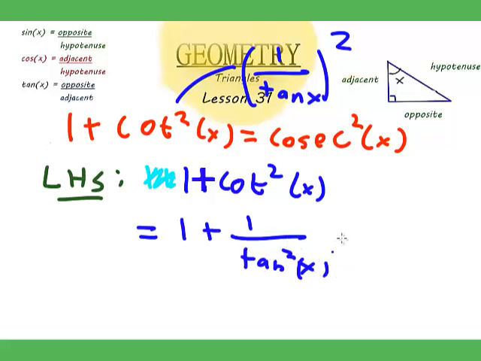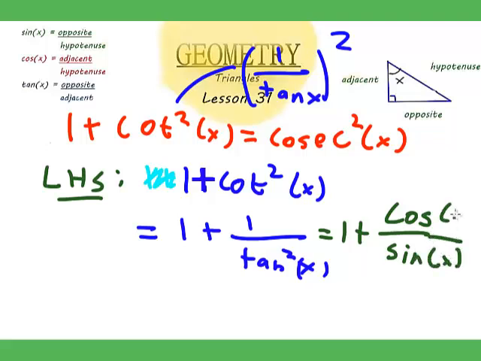Tan squared x can be rewritten as: we know that tan x is sine over cos, so 1 over tan x is 1 over sine over cos, which we could write as cos x over sine x, and put the squares in because there's a square there. So 1 plus cos squared x over sine squared x.